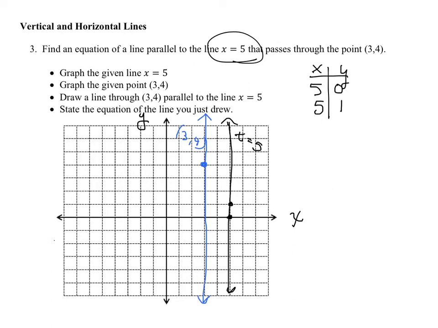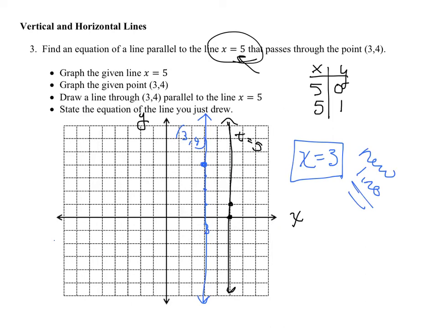So what's the equation of that line that I just drew? Well, along every single point on this line, x is equal to 3. So my answer is x is equal to 3. So x is equal to 3 is a line parallel to the given line x is equal to 5. I have a new line. There's a new line in town.